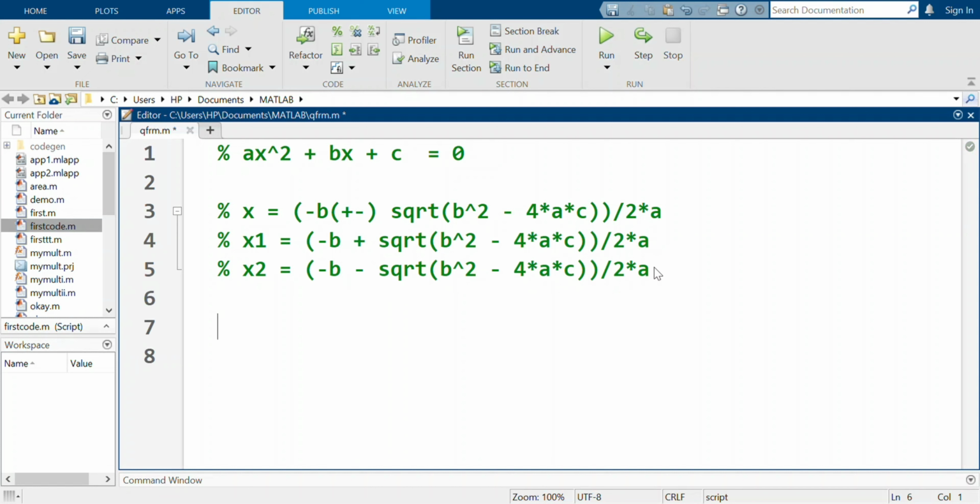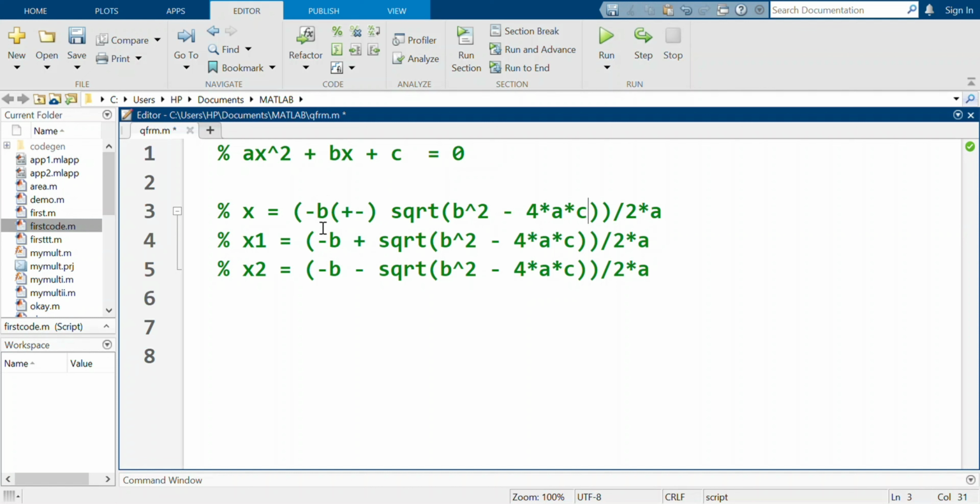So now, what is a, and what is b, and what is c? There's a very significant thing that you have to learn, which is that before writing any code, you have to define your main values. So our main values here are a, b, c.